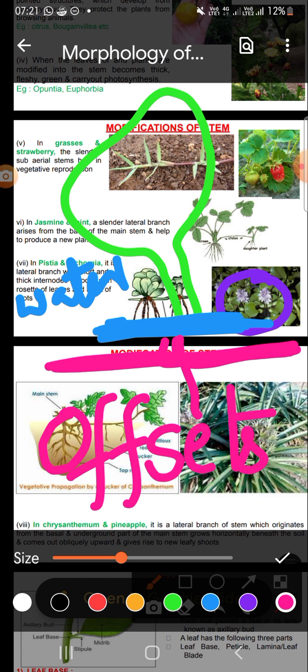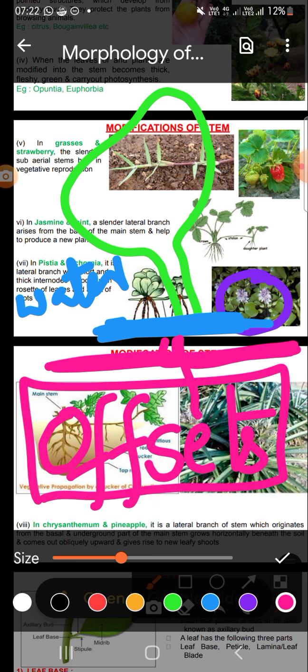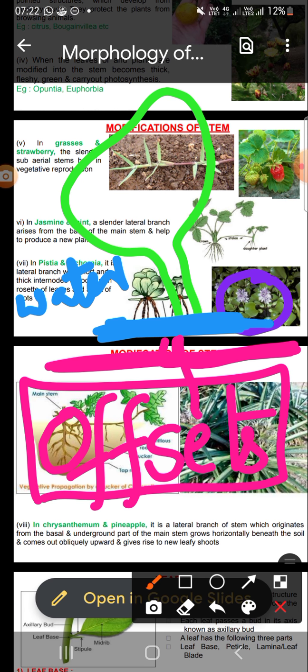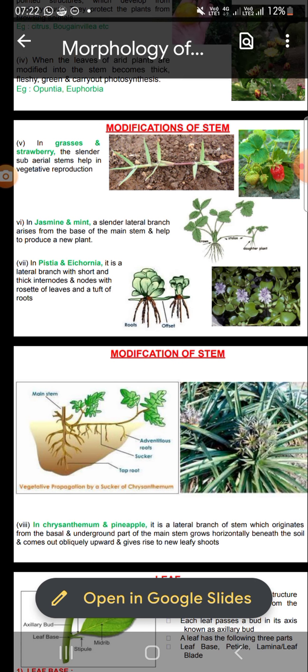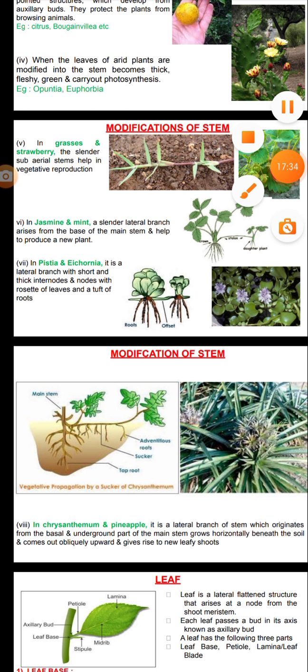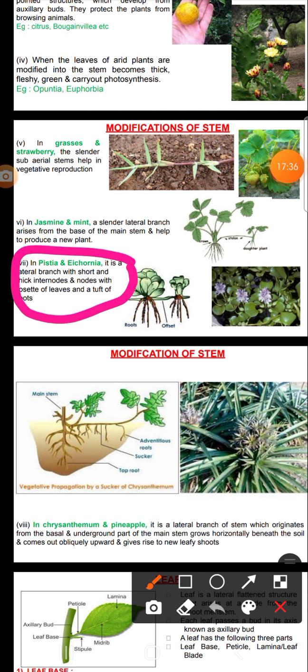The stem of aquatic plants is called offsets. So Pistia and Eichhornia have offsets, and wherever the nodes are present, the roots will be there and a new plant also will be born. They reproduce very fast by this method of vegetative propagation.